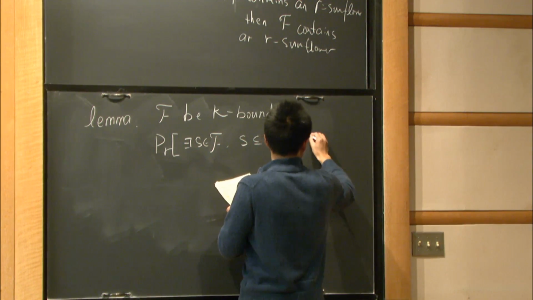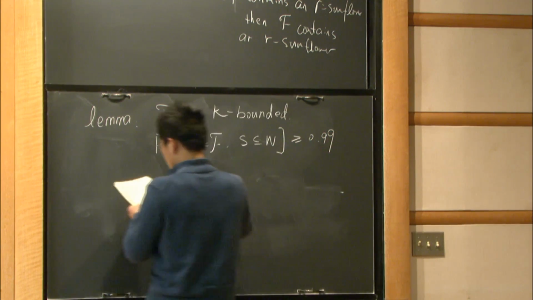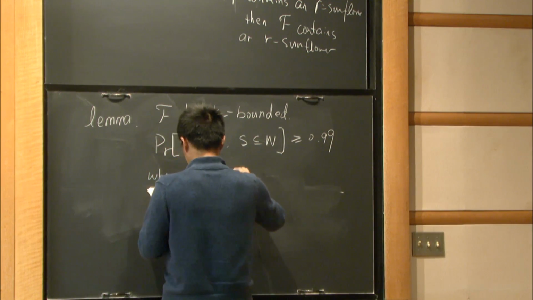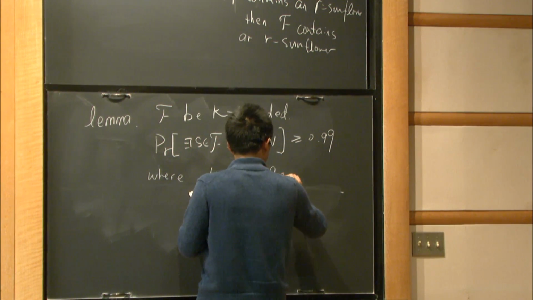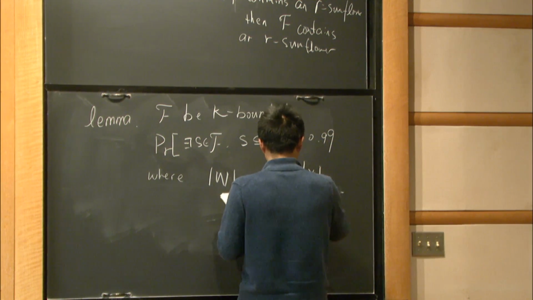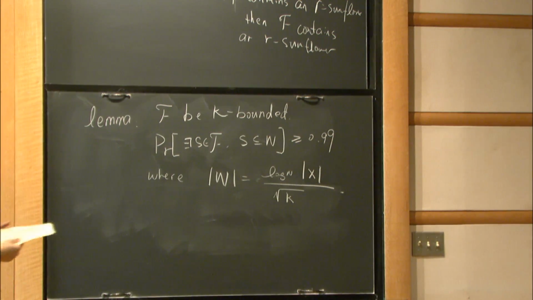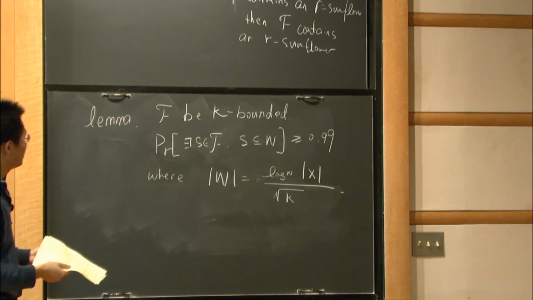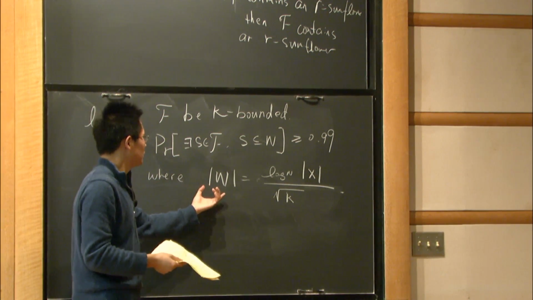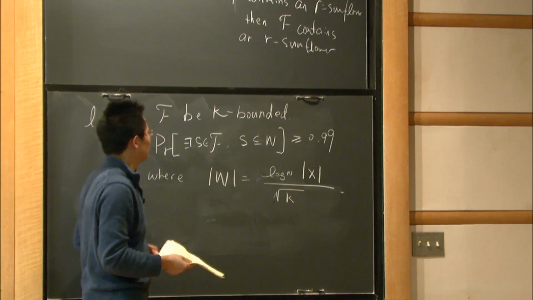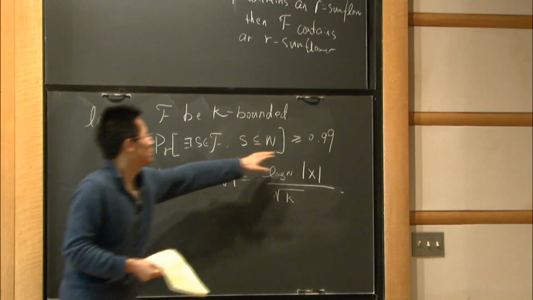Say F is kappa bounded. Then with probability larger than 0.99, if we draw a subset W of size log W times X over square root kappa, then it covers the set. High probability means very close to 1.